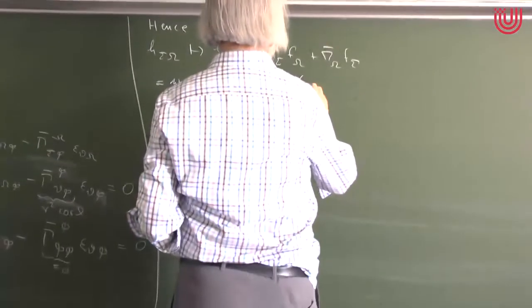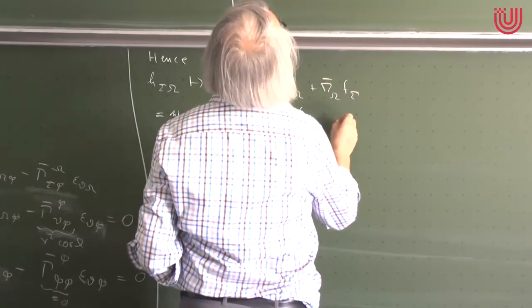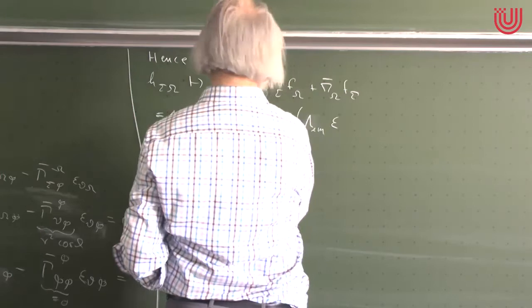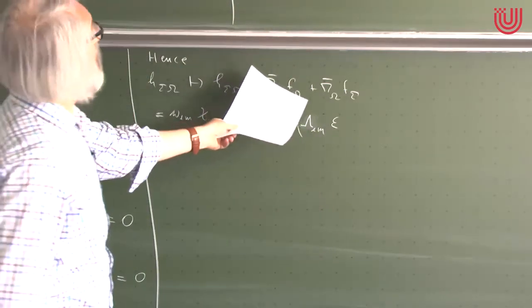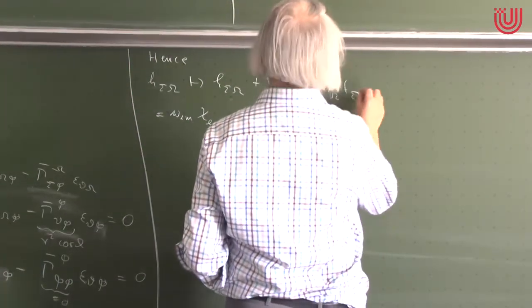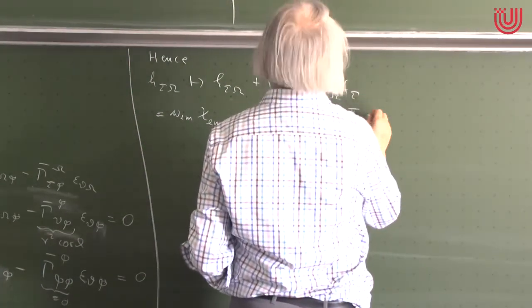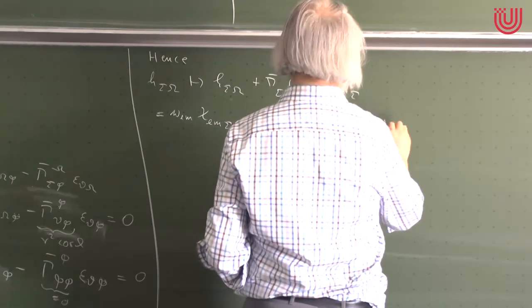Lambda Lm epsilon, I have to be careful with the indices. What are the indices? The index is an omega down. So I need a new index, say pi, del bar pi Y Lm.